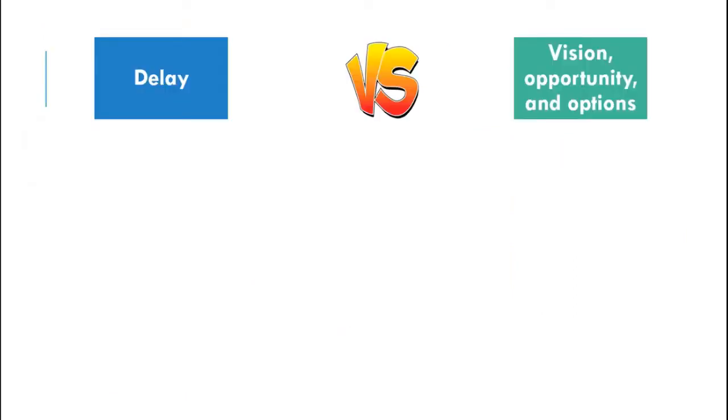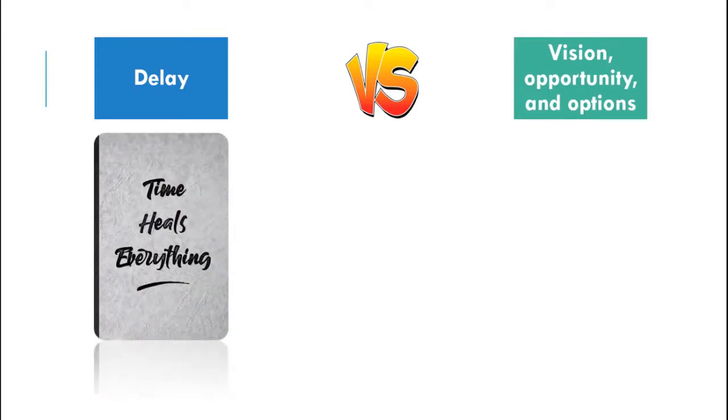The next one would be delaying versus vision, opportunity and options. Delaying is letting time solve the problem itself, because there are some problems that we think are very important, or that we think need immediate attention.